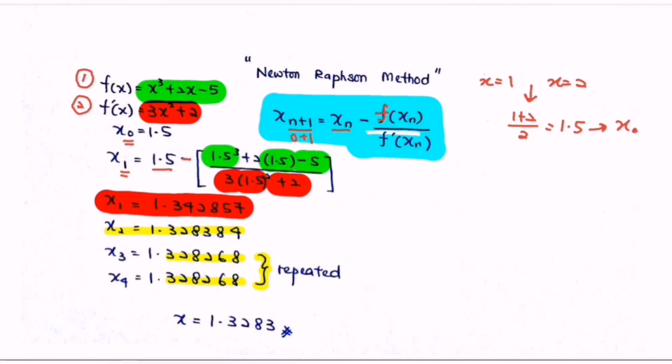Finally, write down the answer, where x, the root, equals 1.3283 if the question asks us to find the root to 4 decimal places. If the question asks for 4 significant figures, my answer will be 1.328.